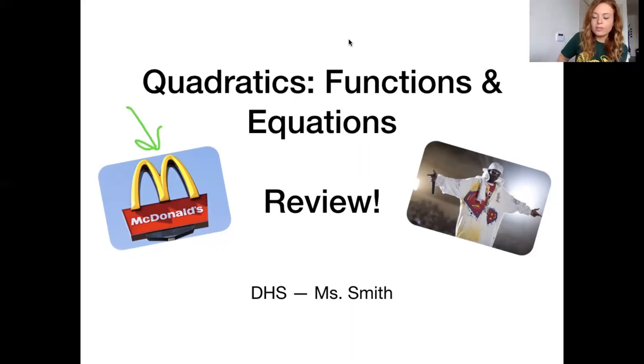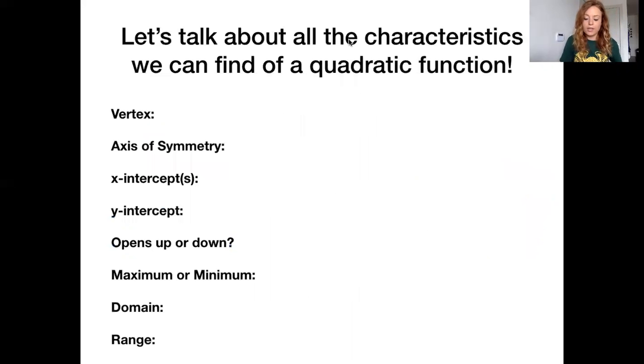So let's review what we know about them and all those characteristics. I'm going to sketch for a minute and we'll talk about different things, then do one example, review a couple things, and watch a short video to refresh your memory. Hopefully you can get the first couple sections right on your work this week.